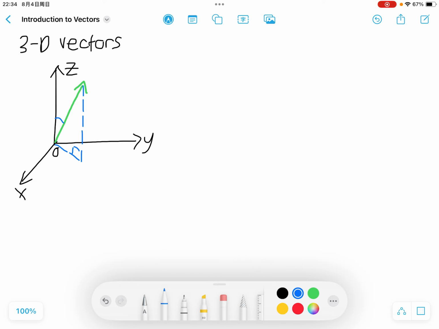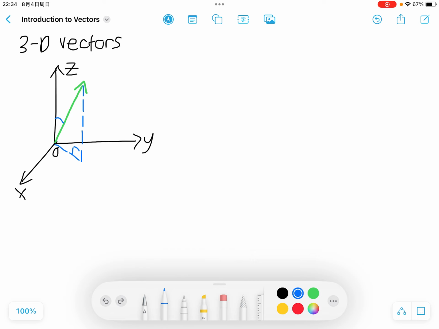We also have this angle here, which tells us that our line is not on the YZ plane, it's on the XY plane. If you're not exactly sure what I'm talking about, you can watch my video about 3D coordinate systems.